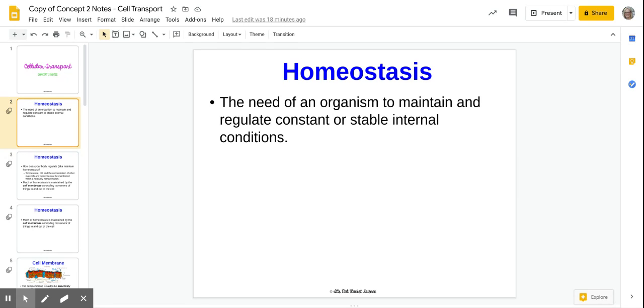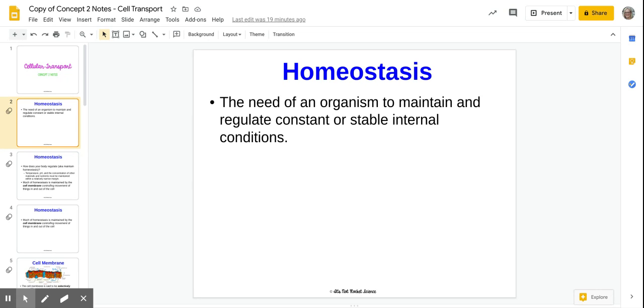So I always use the example of when you have a fever, you no longer have a stable internal environment in your body because the temperature has increased, and it's usually due to your body fighting off something.